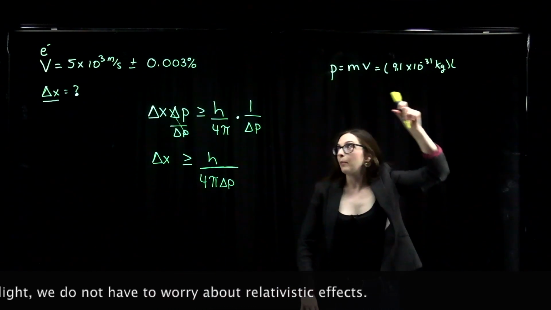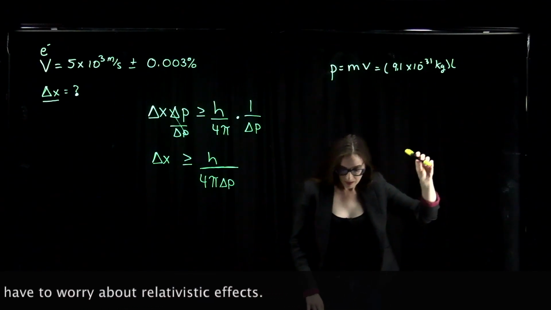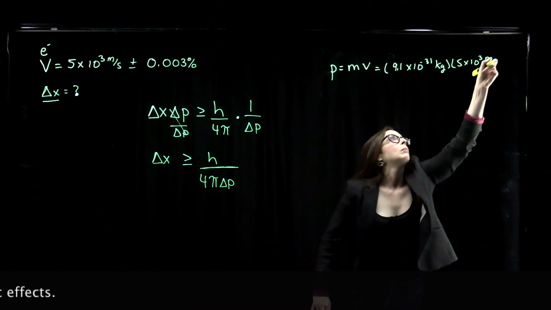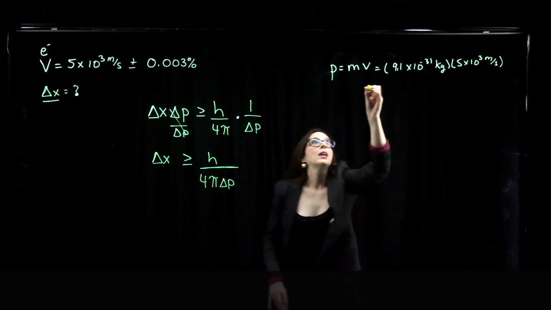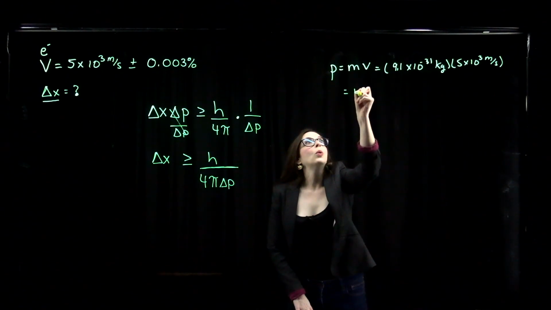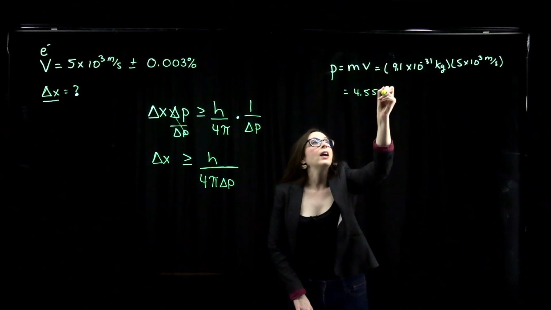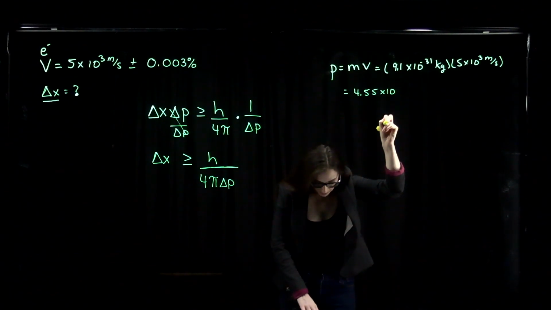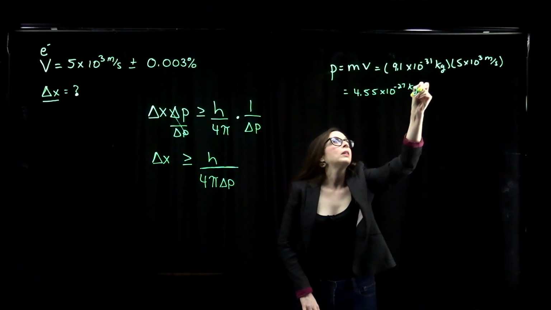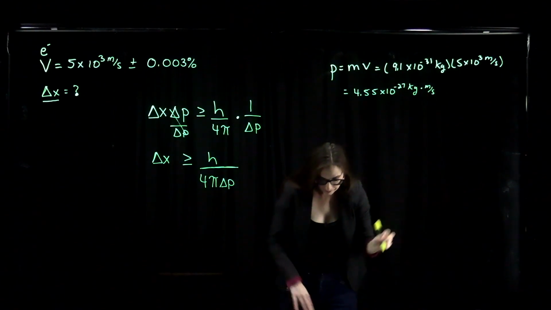And we're multiplying it by the speed of it, which is 5 times 10 to the 3 meters per second. So my momentum of the electron is 4.55 times 10 to the minus 27 kilogram meter per second.